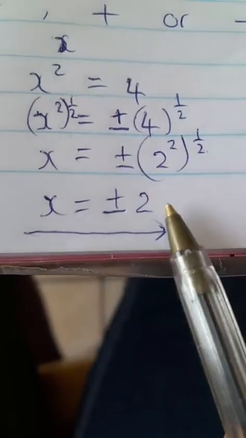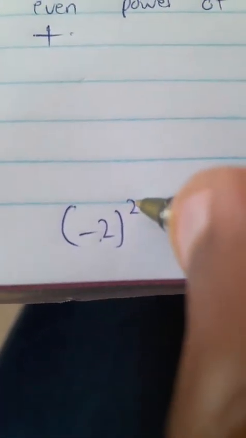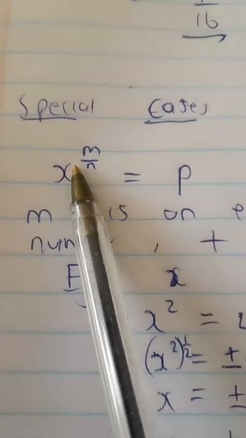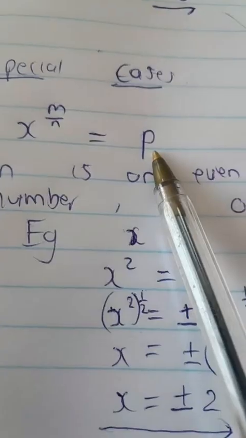The answer can be positive 2 or negative 2, because positive 2 raised to the even power gives a positive answer, and negative 2 raised to an even power also gives a positive answer. So this goes back to the statement: x to the power m over n is equal to p, where p is a positive number.